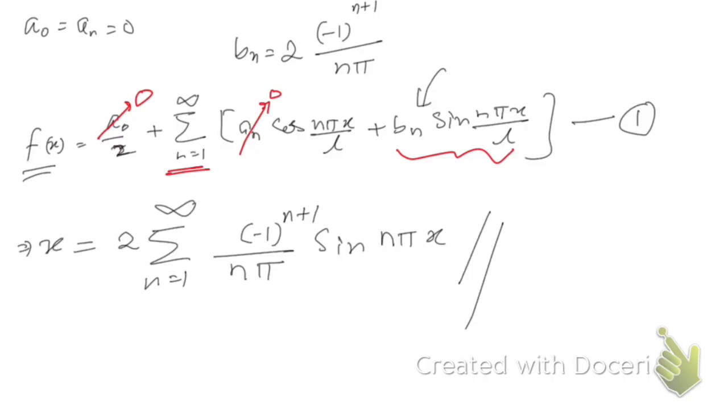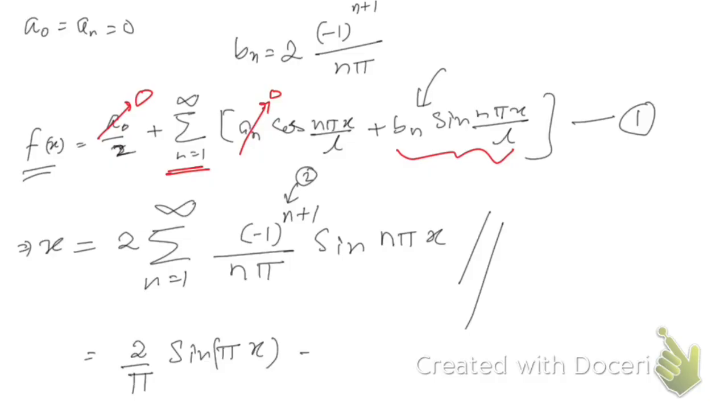If you want to expand this series, putting n equal to 1, 2, 3, then also you can expand. If you put n equal to 1 here, that's going to be 2 by pi, and putting 1 here, that's going to be plus 1, and sine pi x, because n is 1 now, right? In the next term, if you put n equal to 2, that's going to be minus 1 to the power 3, which is negative 1.